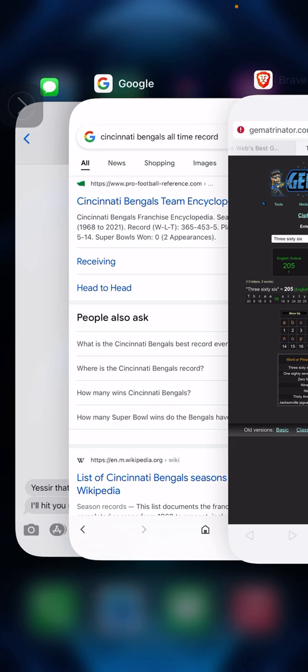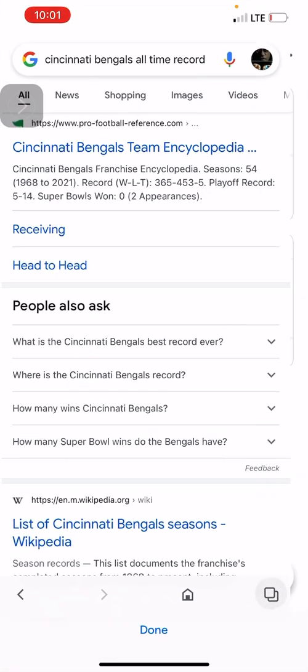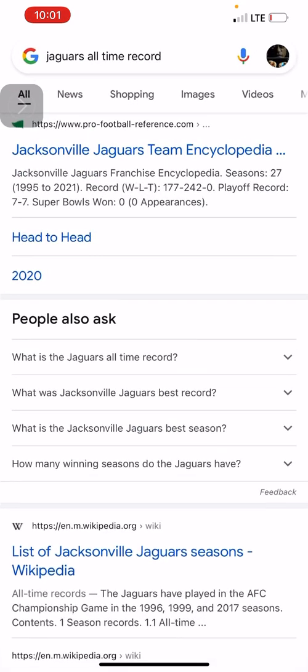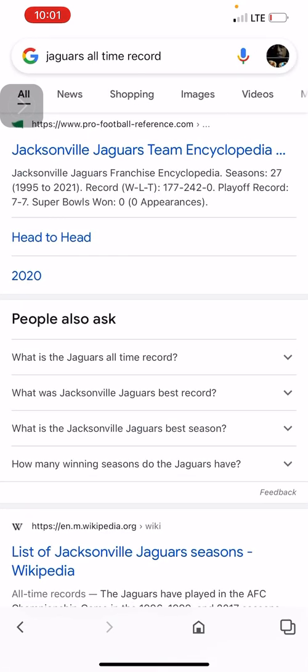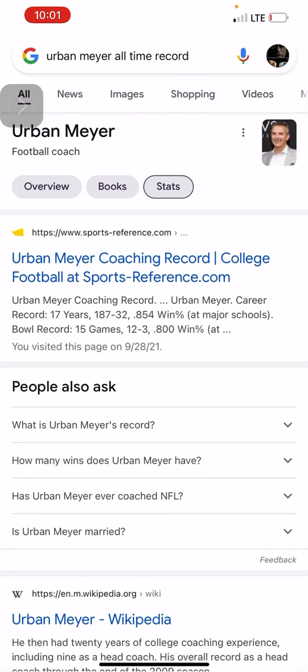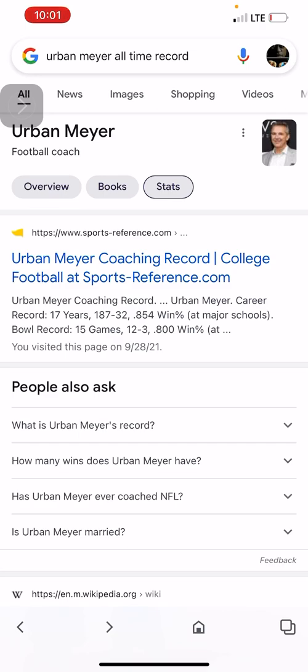So if the Bengals do win, they become 366, which sums to 205. And if the Jaguars head coach stays on his 187th win, that equals 205.